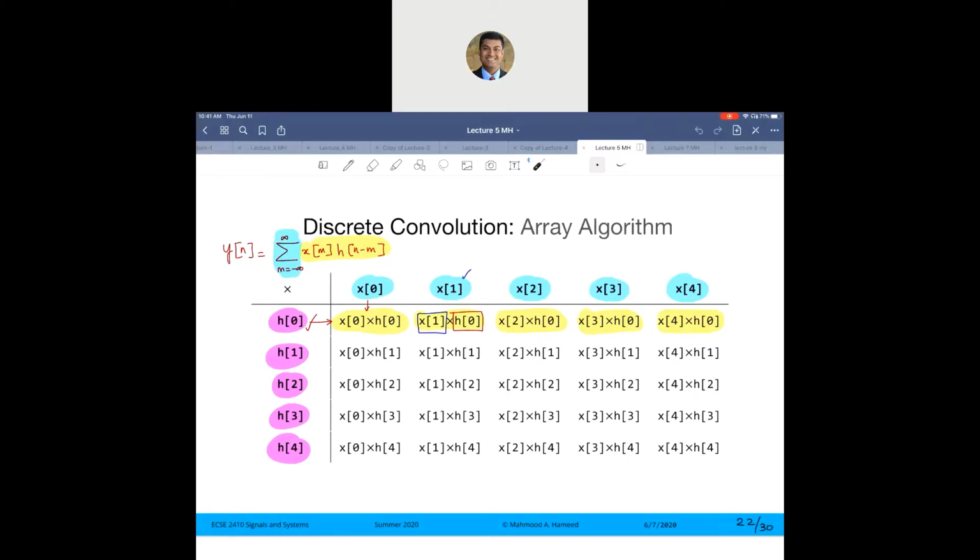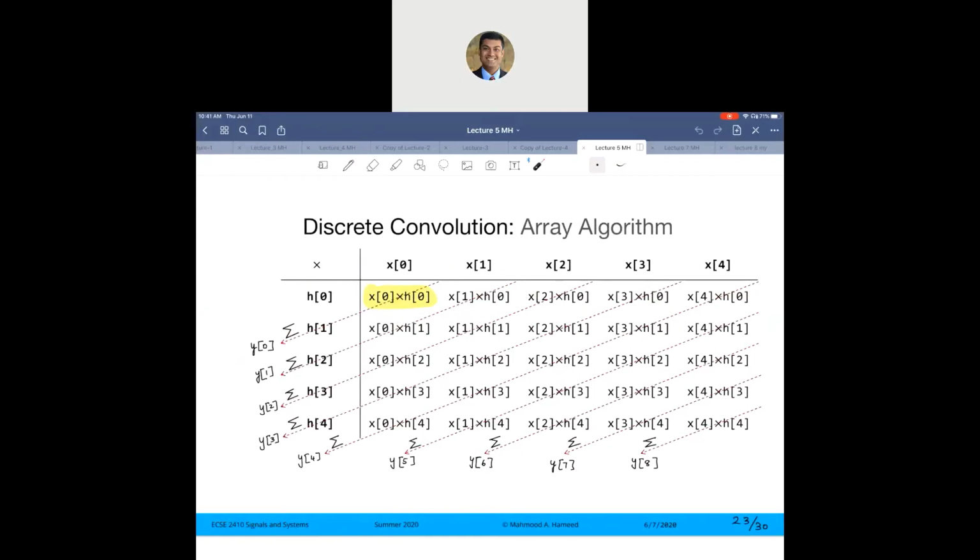The superposition principle relies on the system being linear and time invariant. So we went from linear and time invariant systems to the fact that we can apply superposition on them to discrete convolution. All right, let's keep moving.